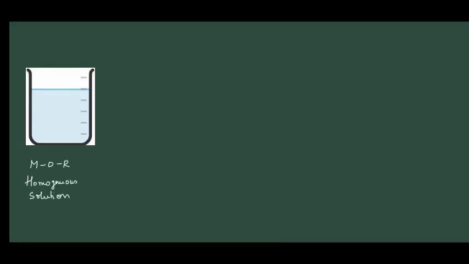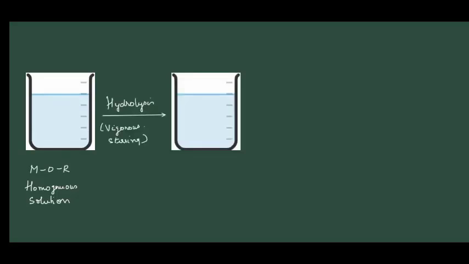Then it is placed over a magnetic stirrer and stirred for a long time. During that process, the metal alkoxide gets hydrolyzed to form the metal hydroxide. And when the metal hydroxide is formed, since it is colloidal in nature, this forms a colloidal solution.